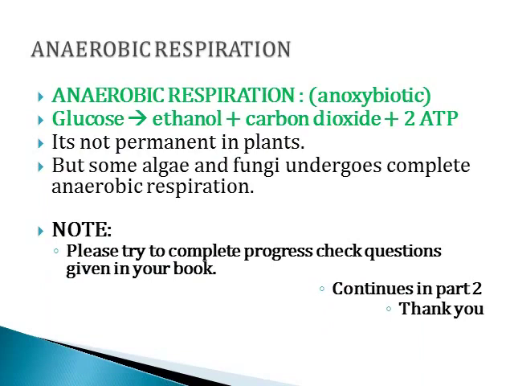So this is anaerobic respiration, also called anoxybiotic respiration, because it can proceed without the presence of oxygen. Aerobic respiration is a complete oxidation, anaerobic is an incomplete oxidation. The end products of aerobic respiration are carbon dioxide plus water, and here the end products are ethyl alcohol and carbon dioxide. Since aerobic respiration is a complete oxidation, it synthesizes 38 ATP molecules. Anaerobic respiration is an incomplete oxidation which synthesizes 2 ATP molecules.